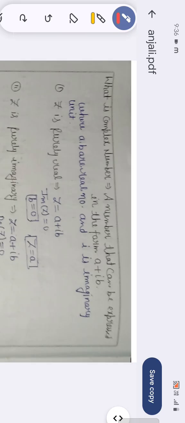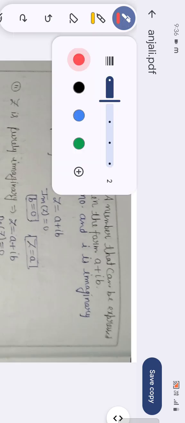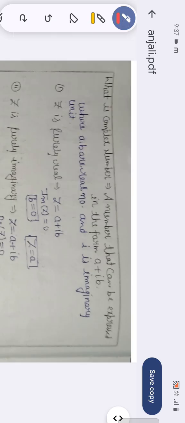A number that can be expressed in the form a plus iota b is called a complex number. We can represent a complex number in the form of z.